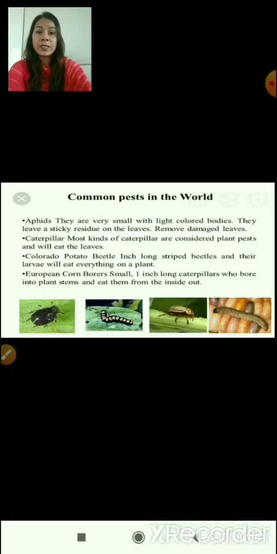So these beetles are very harmful for the crop plant. The fourth picture shows European corn borers, which are small, about 1 inch long, and these borers bore into the stem of the plant and eat that stem from inside.